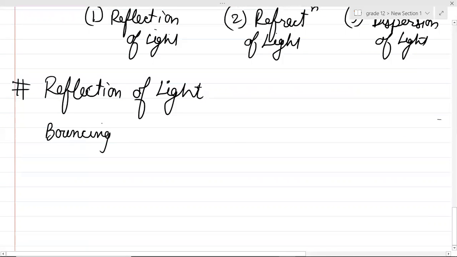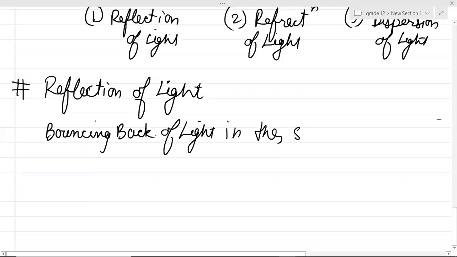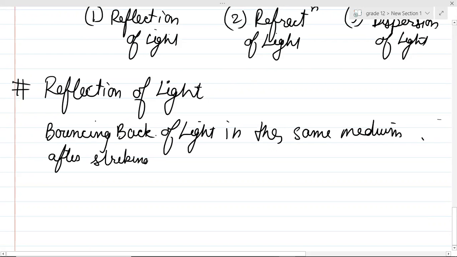The basic part I'm not discussing in much detail. Everyone knows this: bouncing back of light in the same medium after striking an interface between two media.